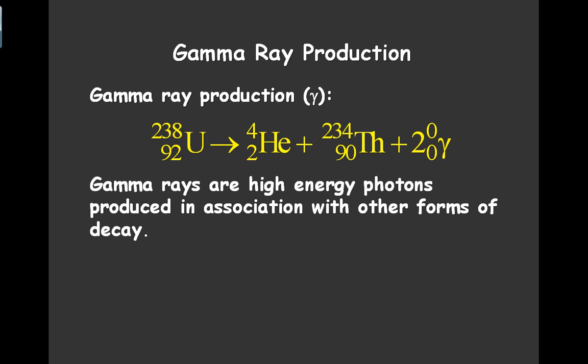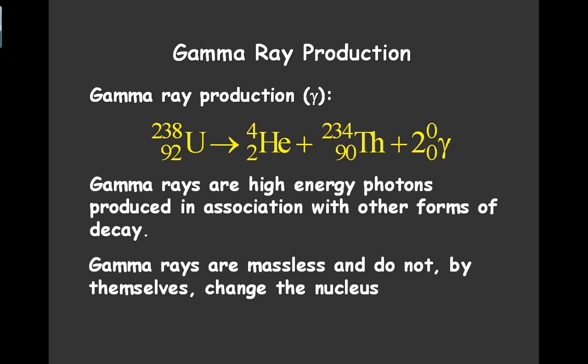So if alpha particles are given off, you may get some gamma, excuse me. And if beta particles are given off, you may also get some gamma rays given off. They're massless, and by themselves they don't change, again, the nucleus in any way.